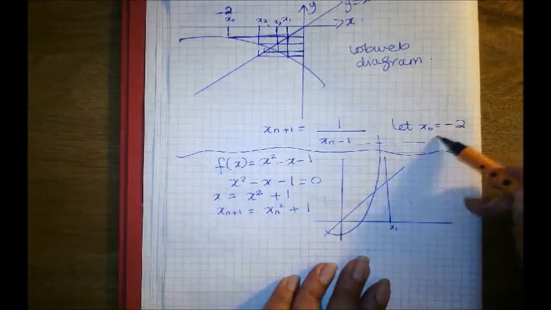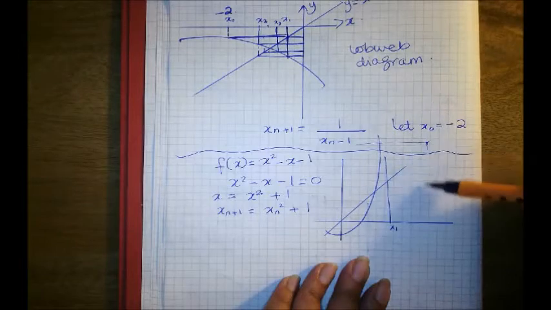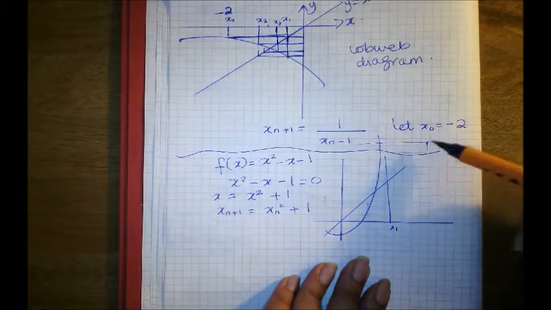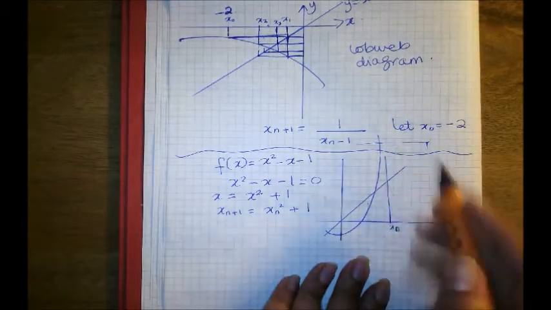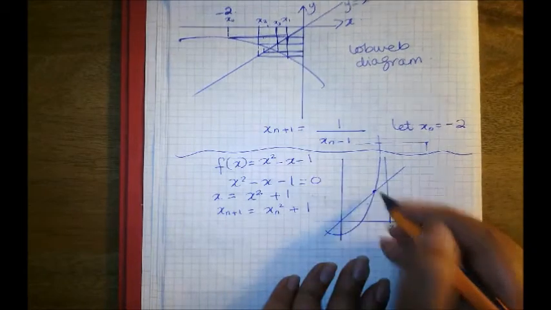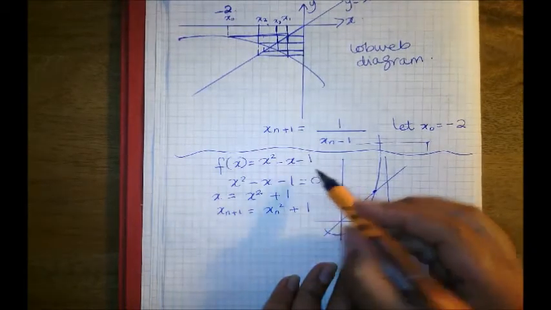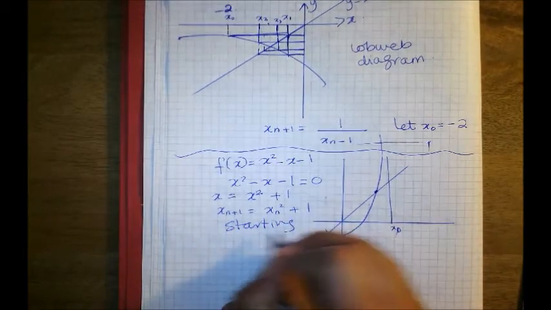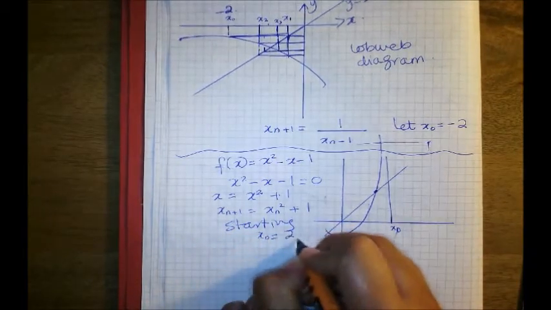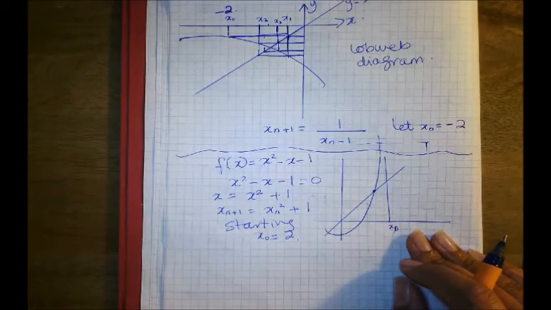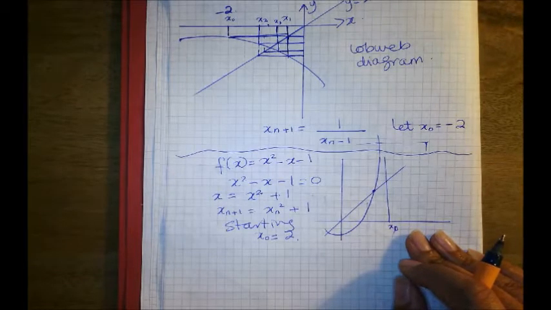My graph is going to look something like this. And if I was to choose a starting value, let's say somewhere here, then what's going to happen?